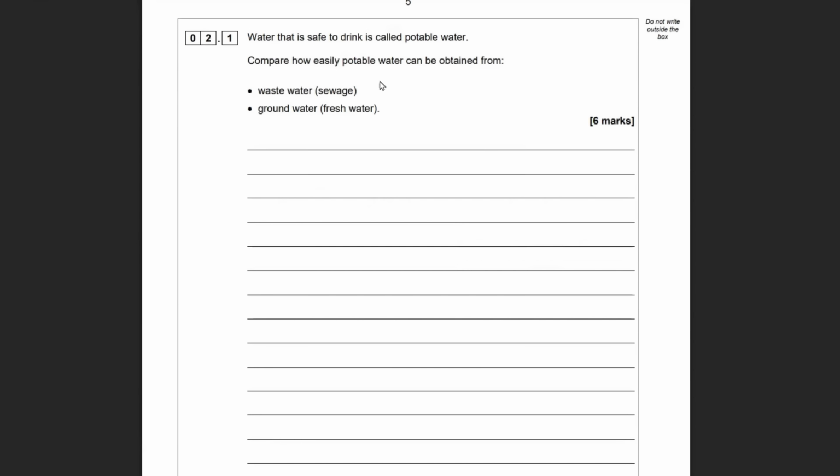Water that is safe to drink is called potable water, however you want to say that. Compare how easily potable water can be obtained from wastewater, sewage, or groundwater, fresh water. So it's asking us to compare. The way I would break this question down is I want to explain how wastewater is treated for 3 marks, and then how we make potable water from groundwater, which is the normal method, 3 marks.